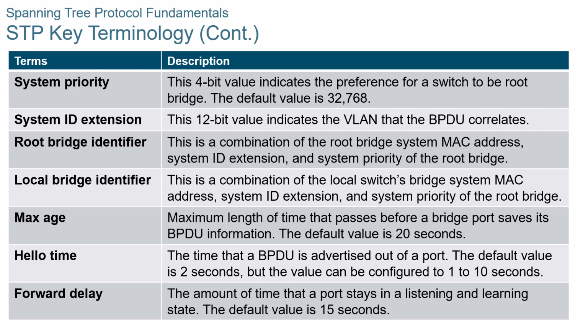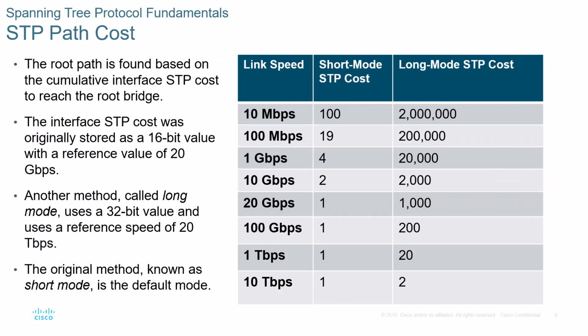So now let's talk about path costs. That's essentially the cost that will be used to figure out what the best path is. Based on link speed, whether 10 megabits, gigabit, or terabits, we have a way to figure out the cost. The default used to be the short mode cost, which was 100, 19, 4, 2, and then everything above that is 1.